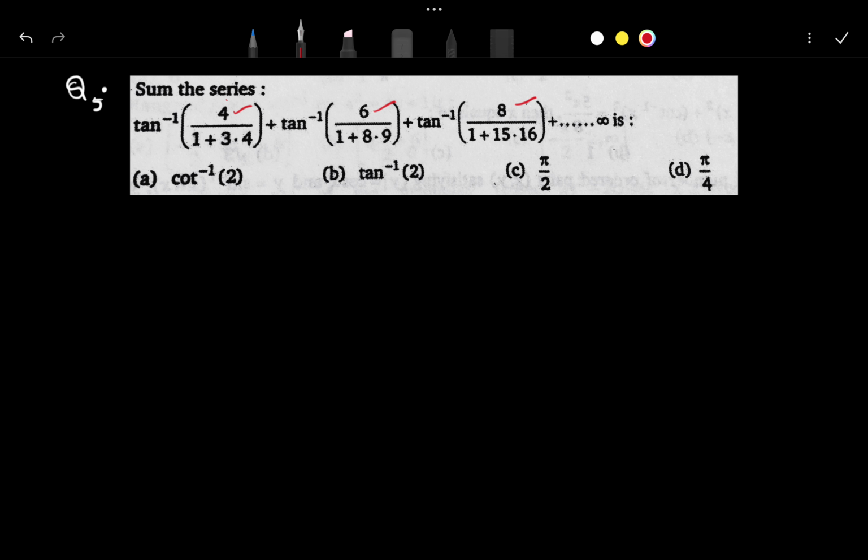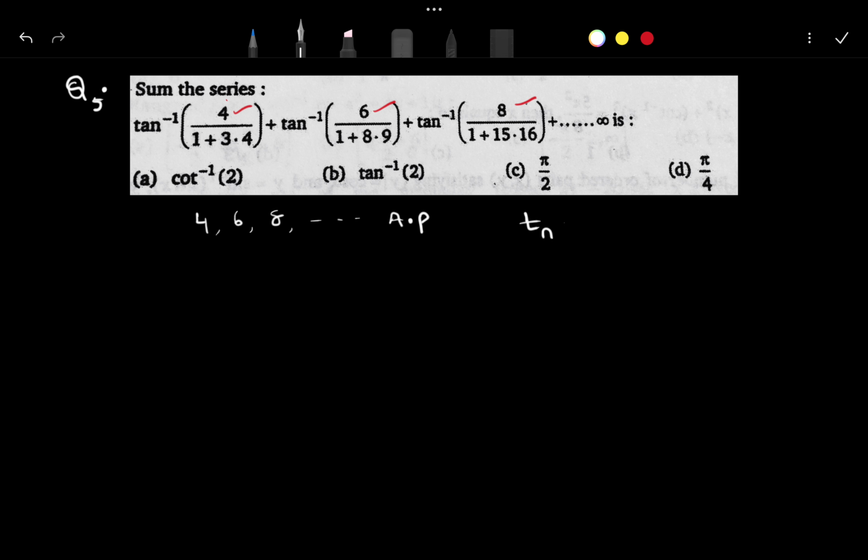Now write all these terms first. This is nothing but 4, 6, 8, and so on. Very clearly these are in arithmetic progression. What is the nth term in an arithmetic progression?